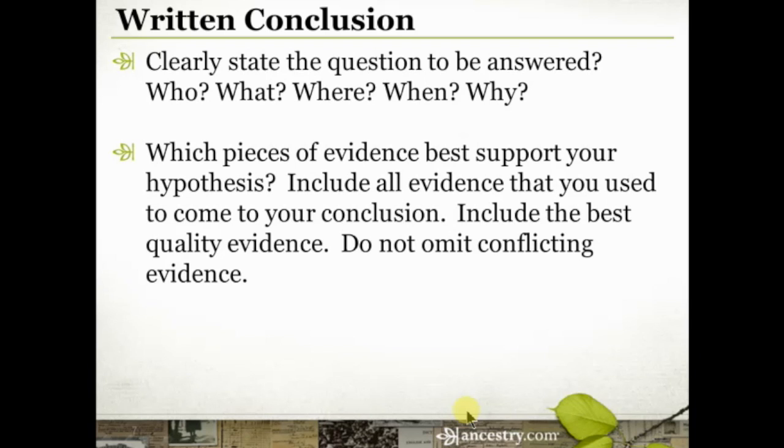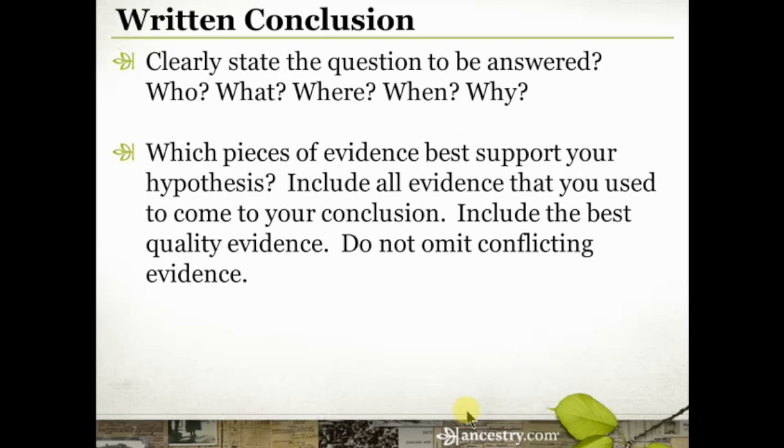Okay, the index then just becomes a finding aid. It was what helped you find the original record, so it becomes inconsequential at that point. Now, if all you have is a birth index and the original record is unavailable or no longer in existence, well, then that birth index is the best evidence that you have. So always include the best quality evidence that you have.